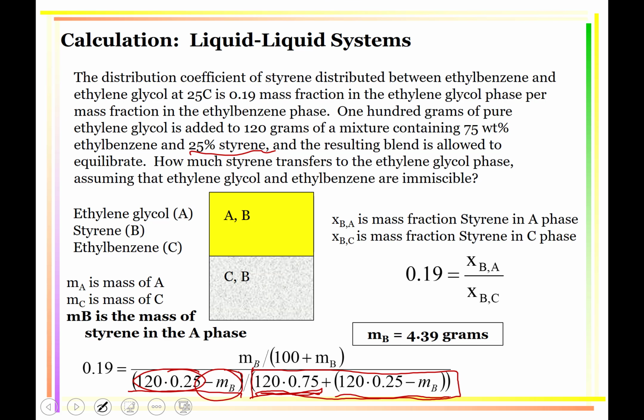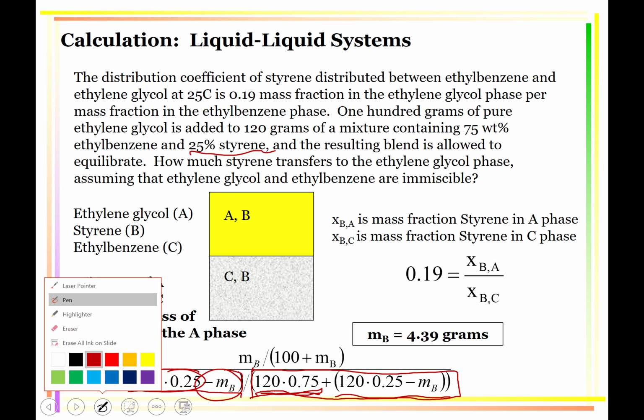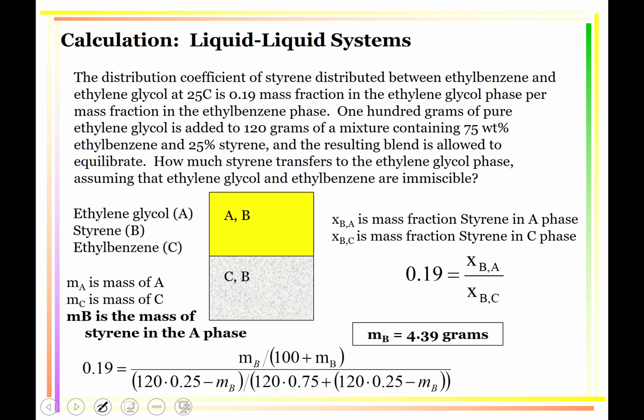Okay, so now we have a nice clean equation. I'll clean it up for you. There it is. And now you have to solve the equation. You can do this. Since we have tools, I would solve it using Excel. But here's the solution: 4.39 grams is M of B.